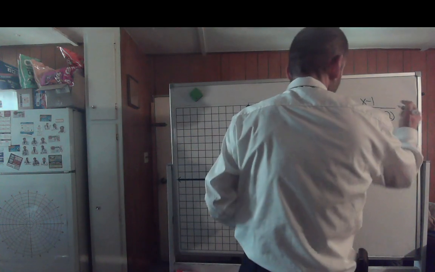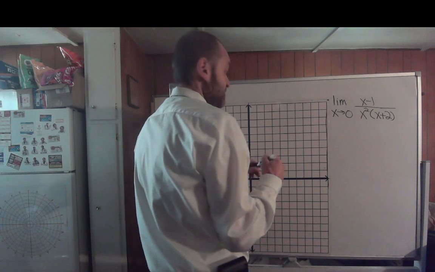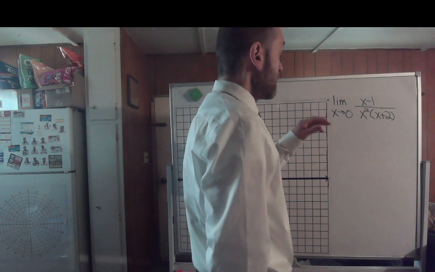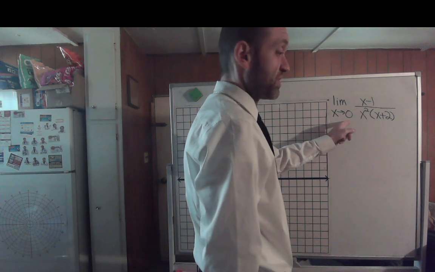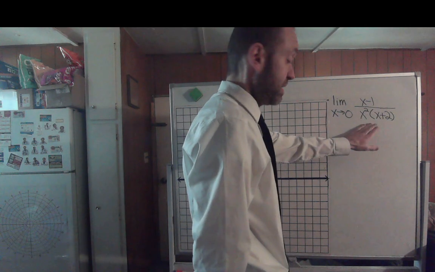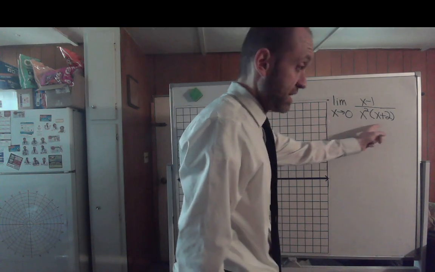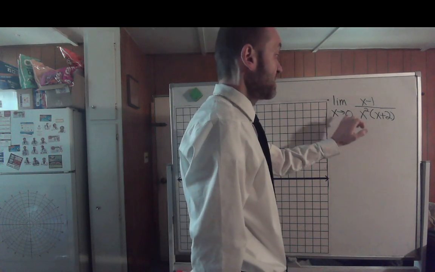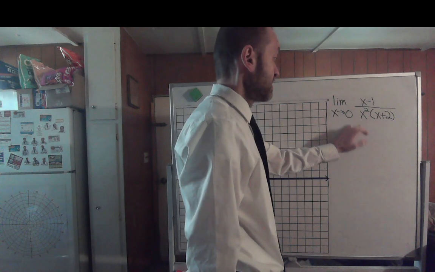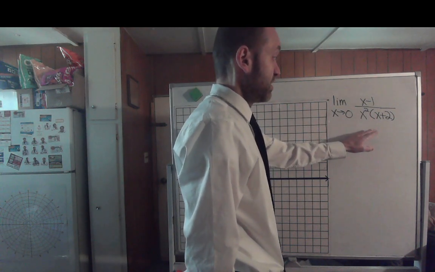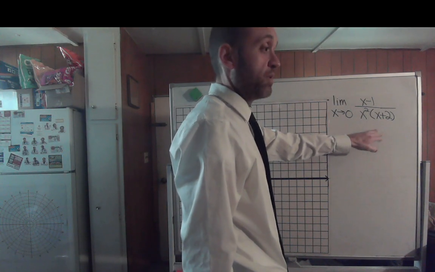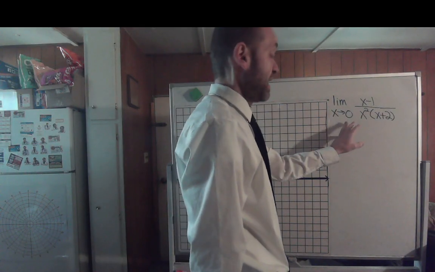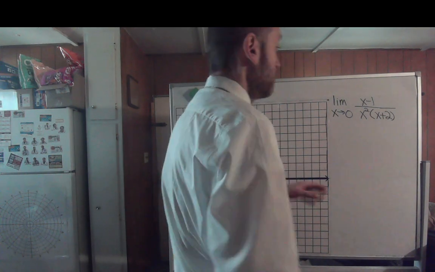Now, let's figure out your signs. Because x equals 0 in the denominator would give you a denominator of 0, this is a vertical asymptote of the function. You would actually have a second vertical asymptote at x equals -2, but they aren't asking you that limit. They're only asking you as x approaches 0.